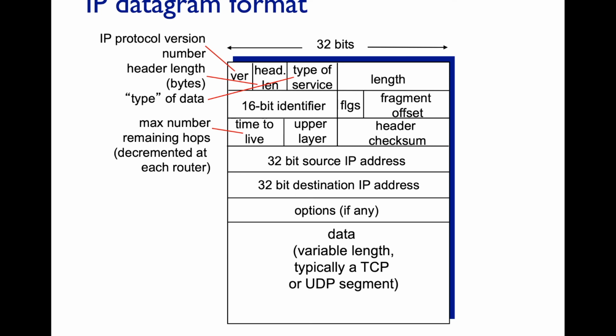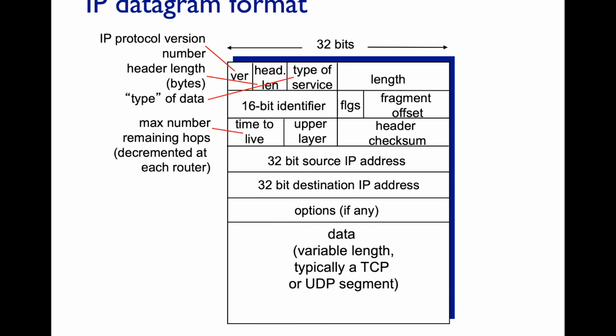Now, certainly, once this time to live field is set to a specific value, once it goes to 0, any router that encounters it and sees that it's 0 is going to send back a response to say, oh, you know what, this thing is now invalid and I will no longer forward it. And the reason for that was back in the early days, you didn't want a datagram to go swirling around the network again and again from hop to hop to hop, this infinite datagram traveling around the network in an infinite loop, never to be seen again.